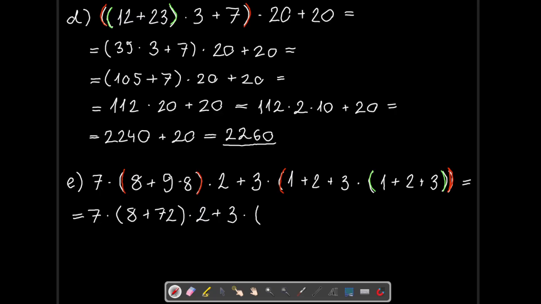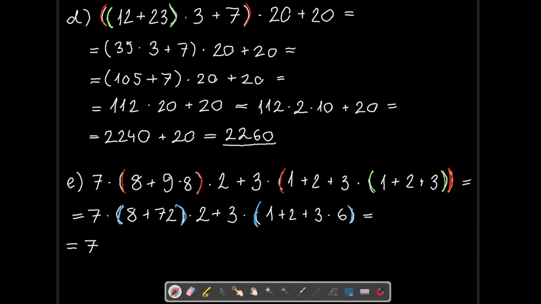So we have 1 plus 2 plus 3, and 1 plus 2 plus 3 is 6. Okay, let's continue in the first bracket right here. We add the numbers together, and in the second bracket we will need to do the multiplication first.